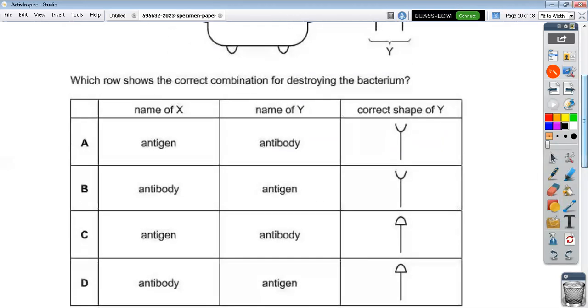So what is correct there? Which one is correct?